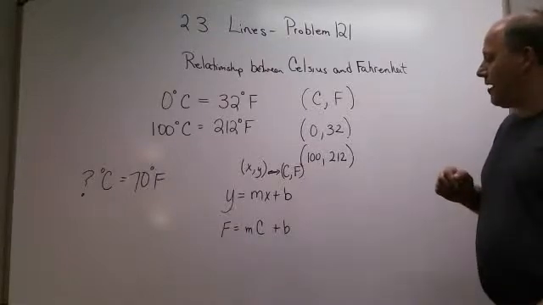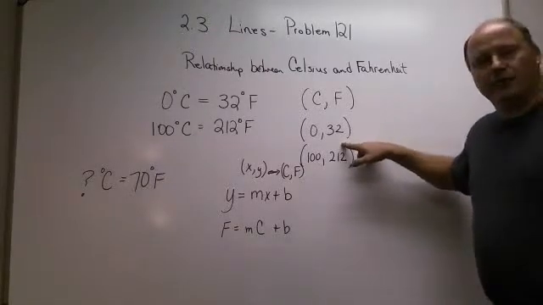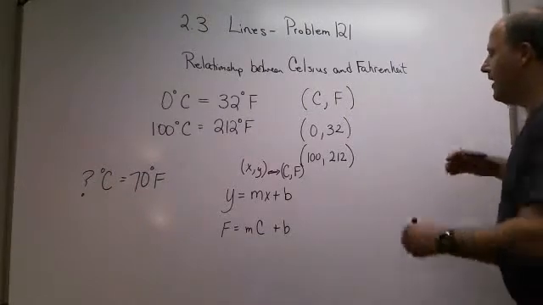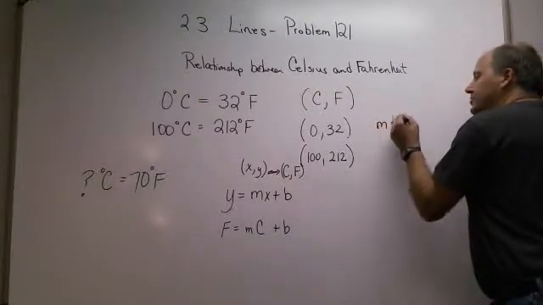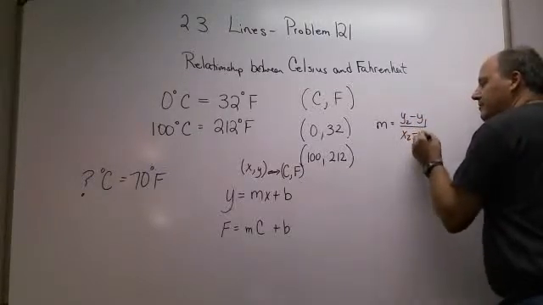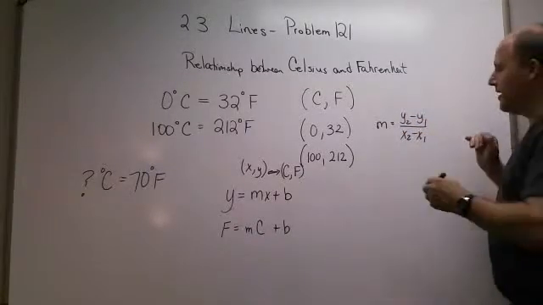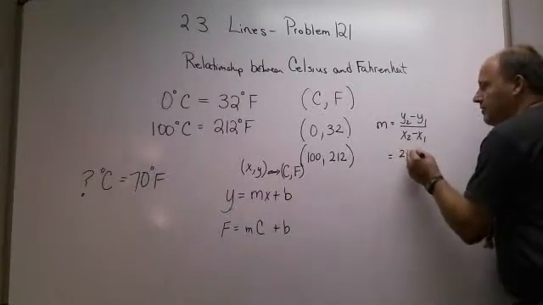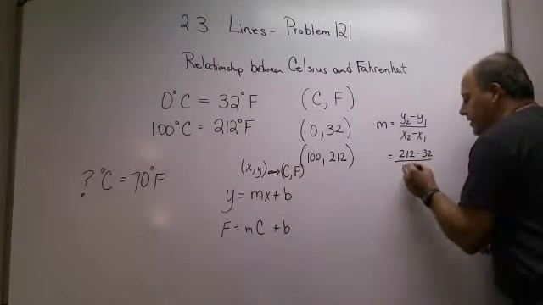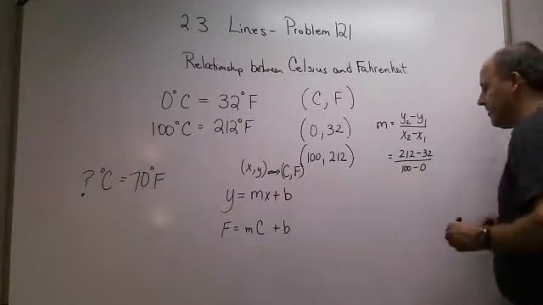So now what I need to do is, again, find the slope and the b, which is the intercept. So m is equal to the difference of the y coordinates over the difference of the x coordinates. So we have 212 minus 32 over 100 minus 0.